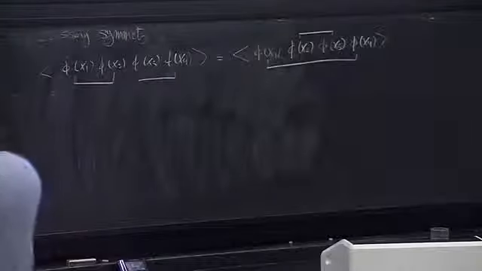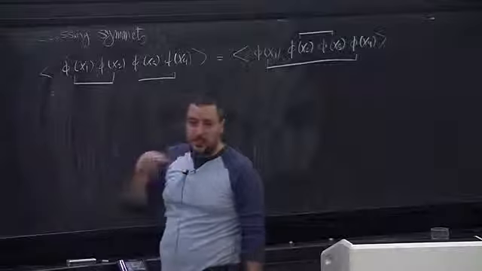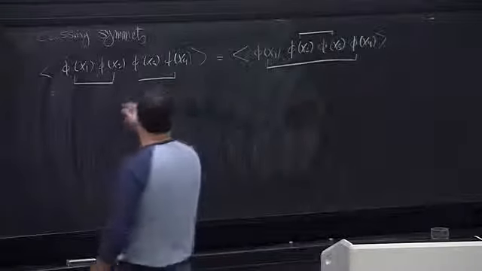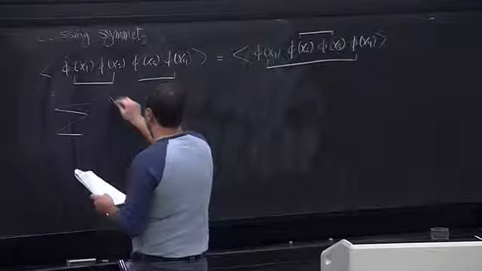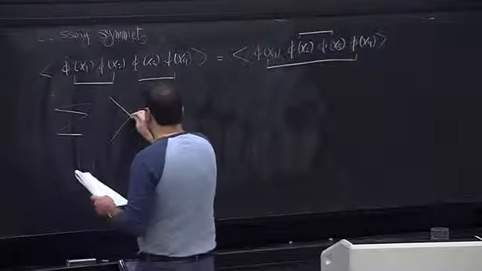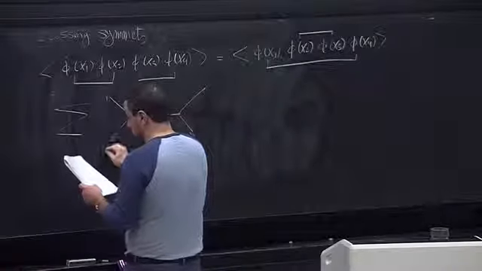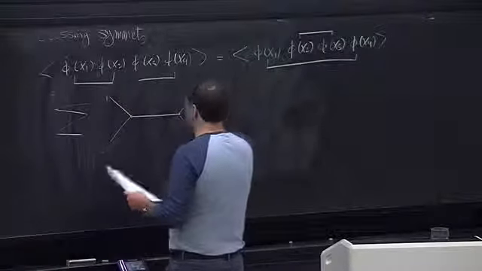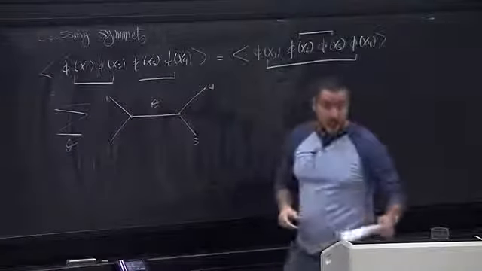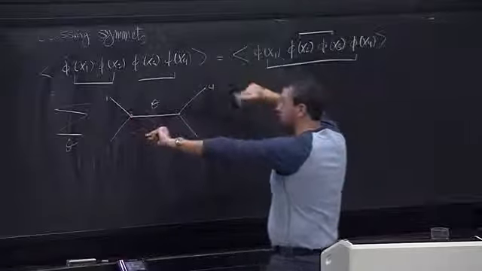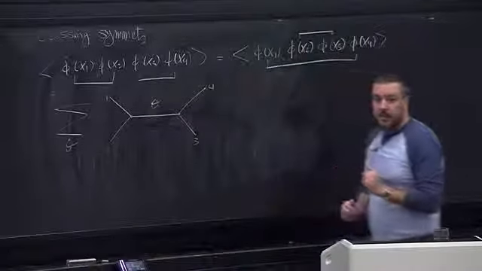In equations, one way that we write this, because the formulas are getting longer, is that there's a pictorial way of representing the crossing symmetry equation. We do the OPE. Now, I should warn you that this should not be thought of in any way, shape, or form as a Feynman diagram. This has nothing to do with Feynman diagrams. This is just a statement that I'm fusing 1,2 and 3,4, and I have a complete set of states flowing in the middle.